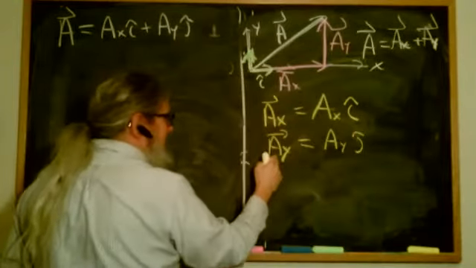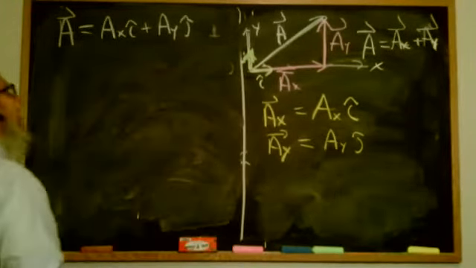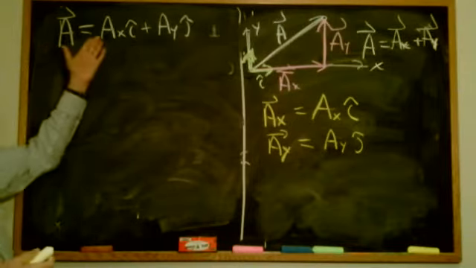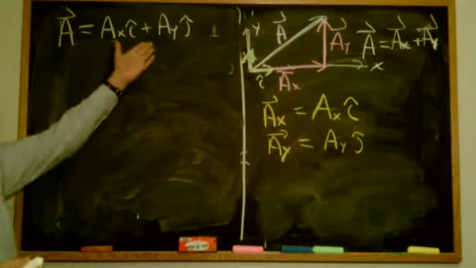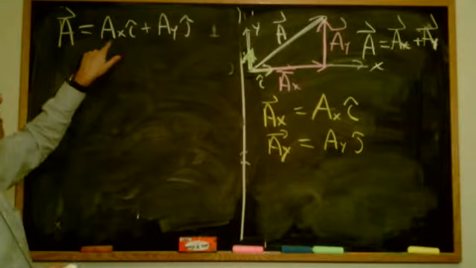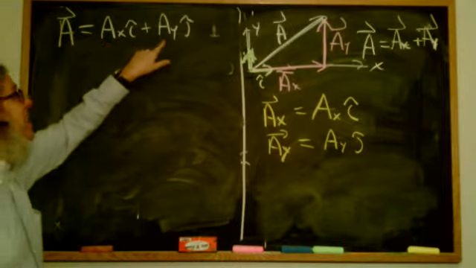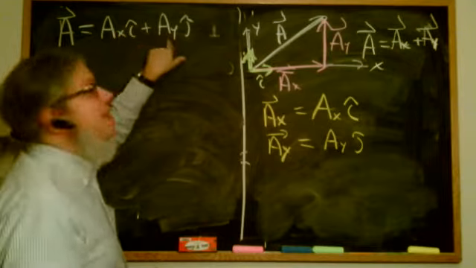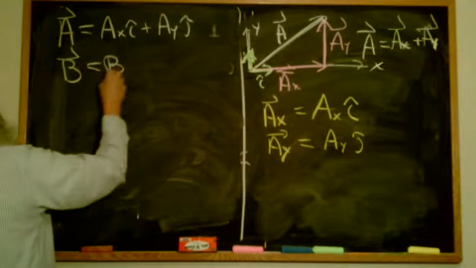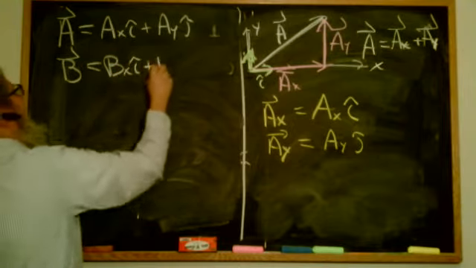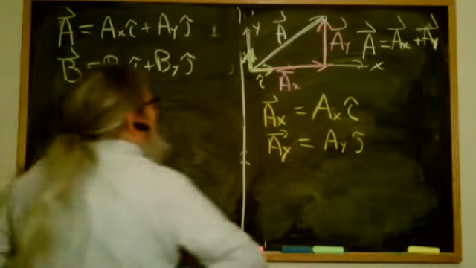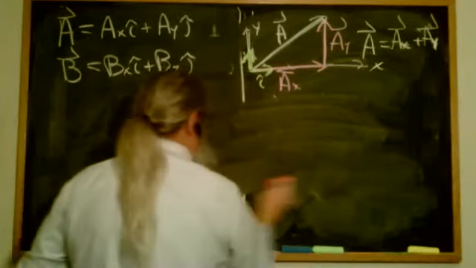This is what I call the Cartesian unit vector representation of A. I've broken it into its components, figured out the magnitudes of the two components, and then I multiply the x component times i hat and the y component times j hat. And likewise, B is equal to B sub x times i hat plus B sub y times j hat. I'm just going to erase this here because I need the room.